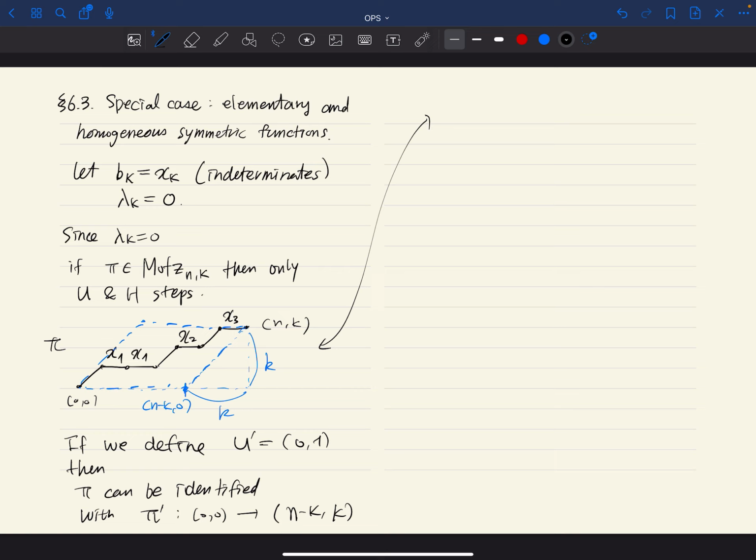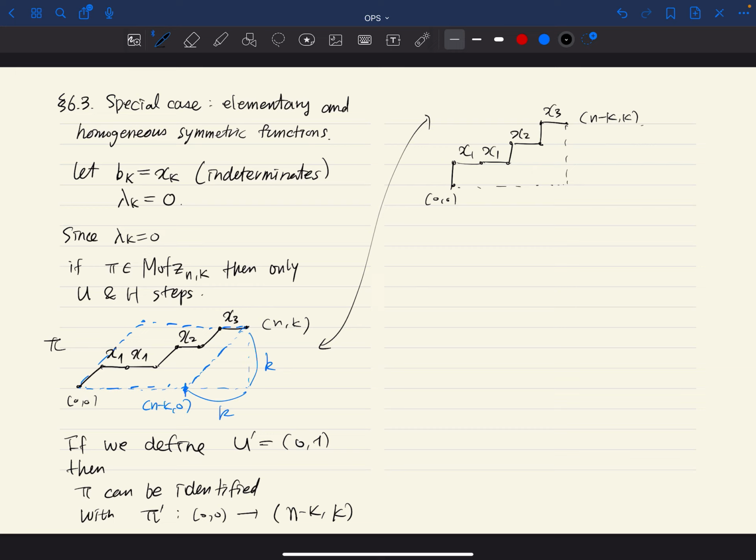So it's like you slant the up step, change this into a straight up step, then we get a path like this. So up, horizontal, horizontal, up, horizontal, up, horizontal. So here, the weights are still the same, like that. So (0, 0), (n minus k, k). Okay?